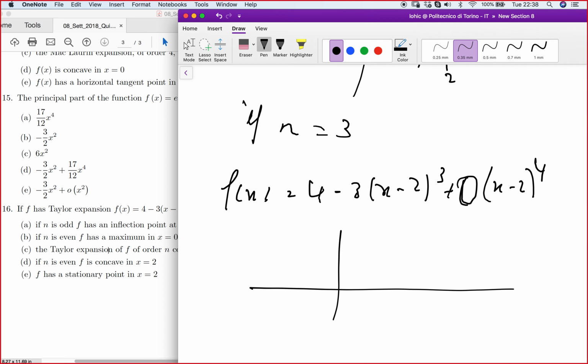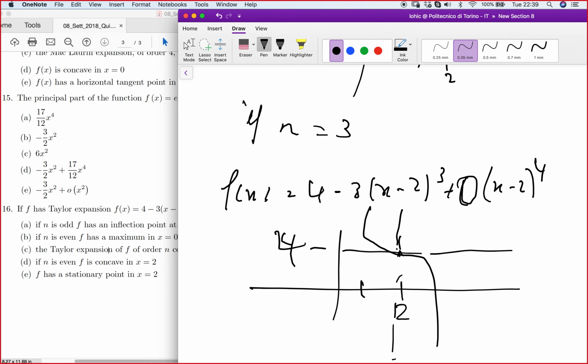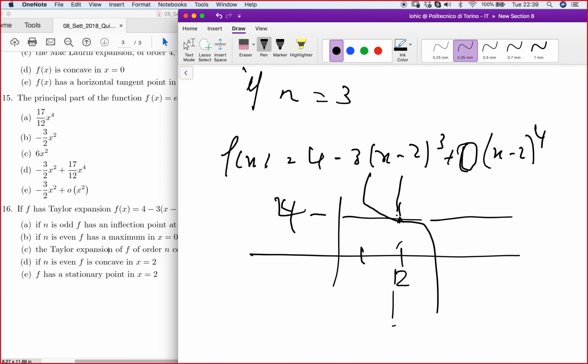At that point, it's clear that (x minus 2) cubed just means that you take the function x cubed and you move it to 2, and you push it up to 4. If you represent it, it will look like this. So at this moment, yes, you will have inflection points.